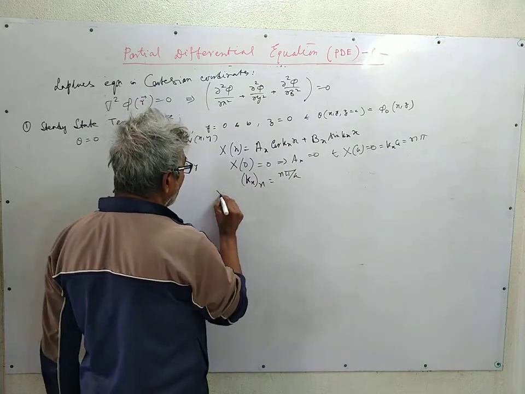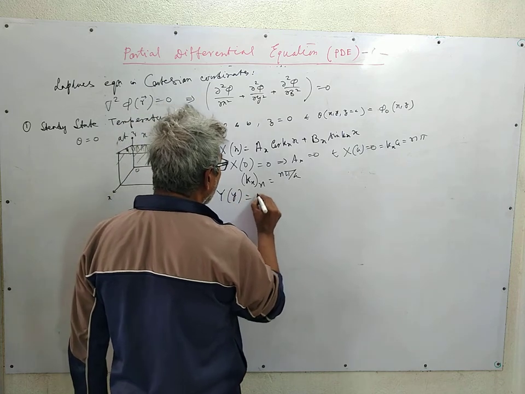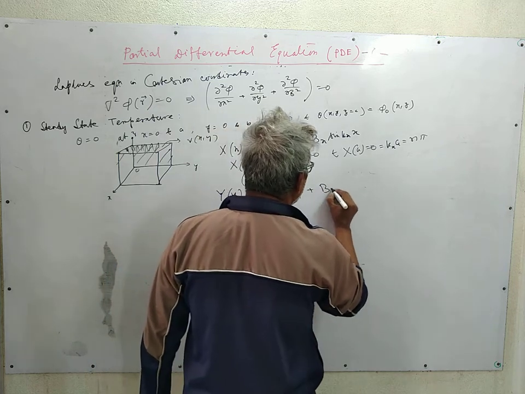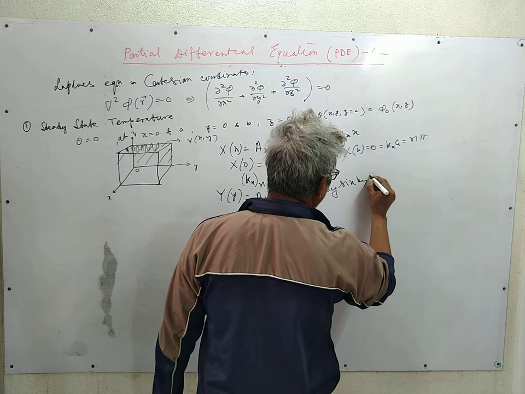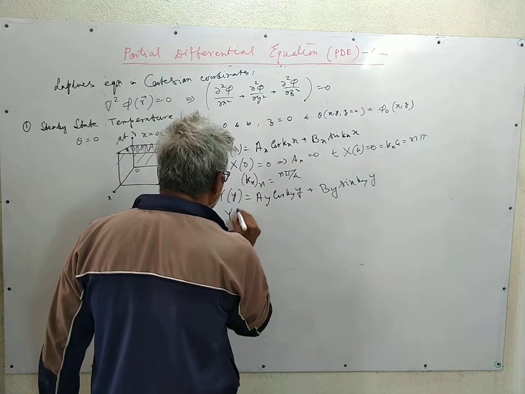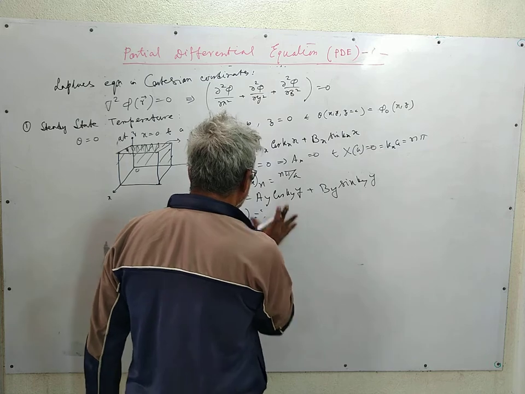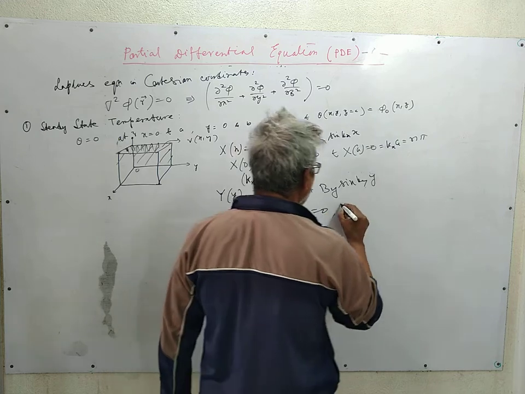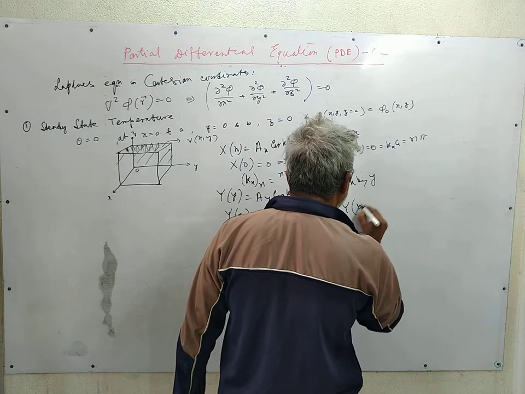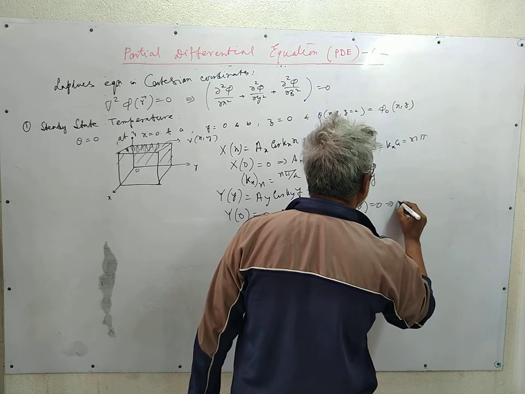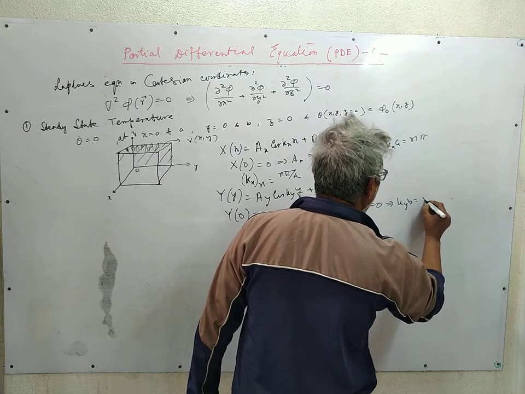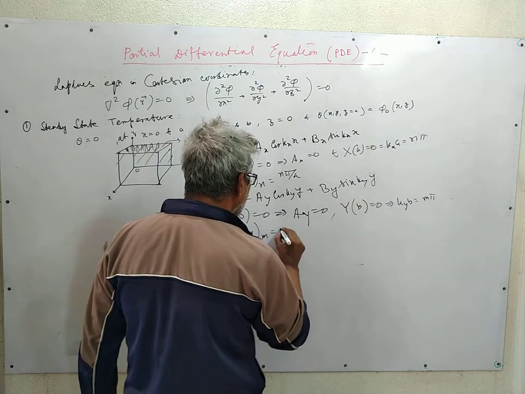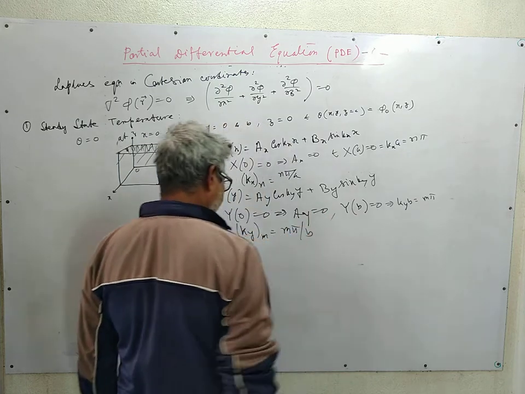Similarly, we choose the y solution to be ay cos ky y plus by sine ky y. The y is equal to 0 condition gives ay is equal to 0, and y at b is equal to 0 gives ky b is equal to m pi, that is ky of m is equal to m pi by b.